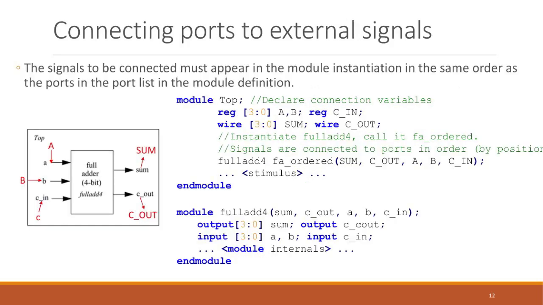Now here you can see how you can connect external signals to the input-output ports of an instantiated module. We looked at this in our previous examples as well. In brief, the module that we are instantiating here is the fulladd4 module, and we are instantiating it inside the module top.